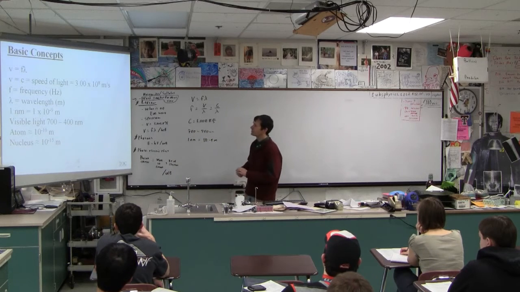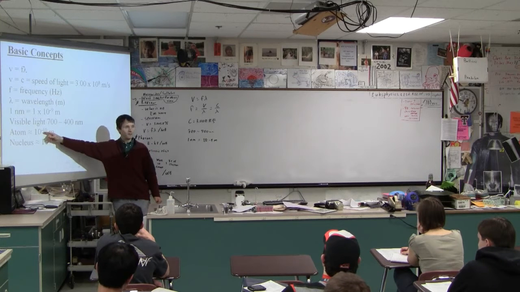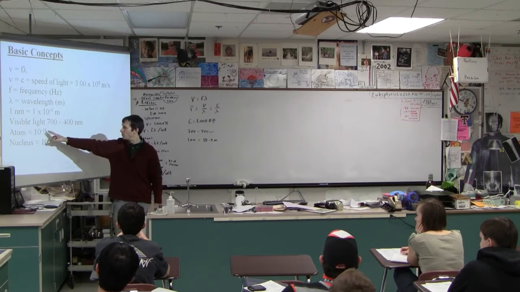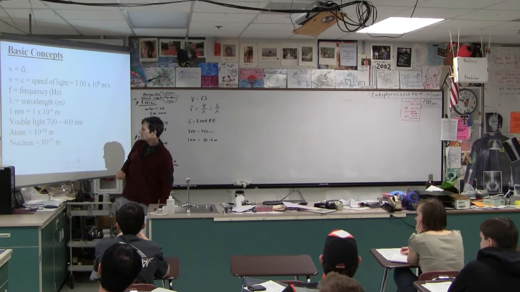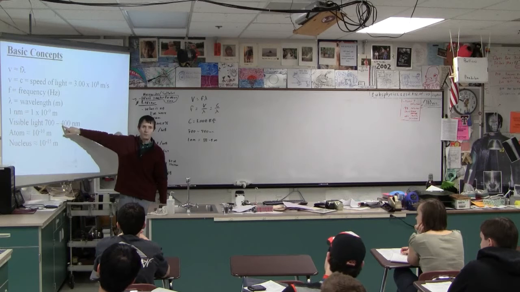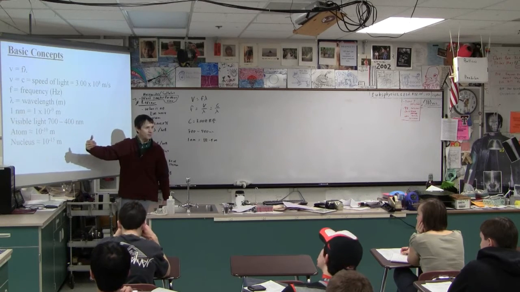Atoms are smaller than that. Atoms are a tenth of a billionth of a meter, which is kind of interesting. It's almost accessible, but not quite. These wavelengths are way too big to make an image of an atom. We can resolve things with visible light down to about 400 nanometers. Things smaller than that we can't really take a picture of.